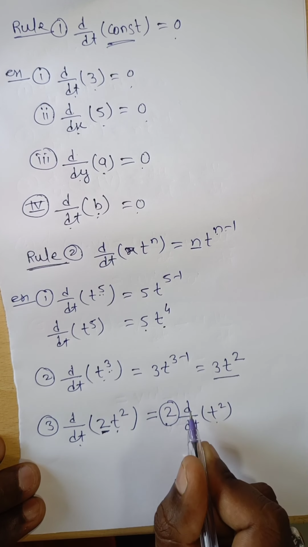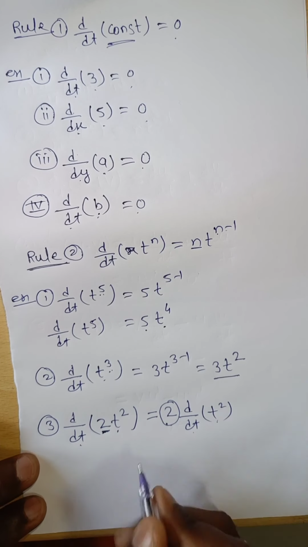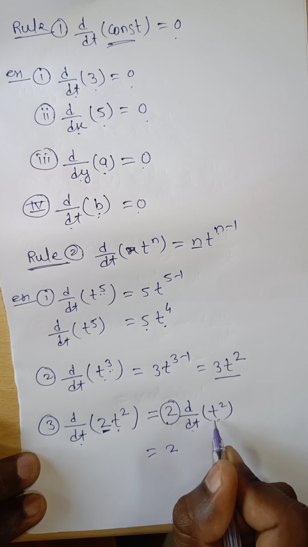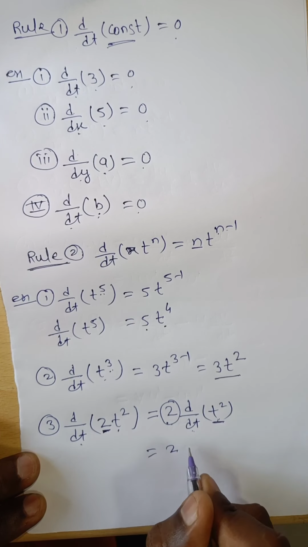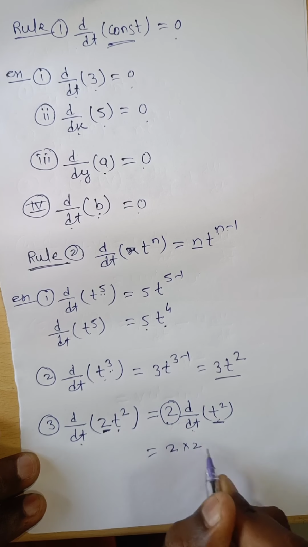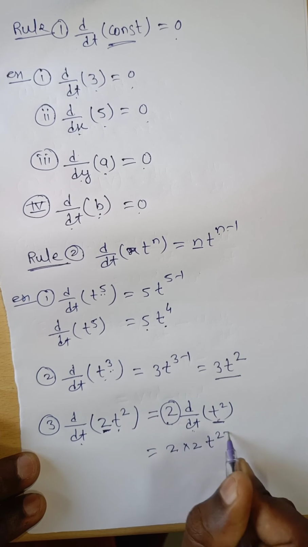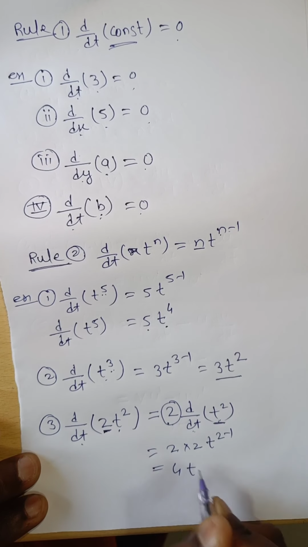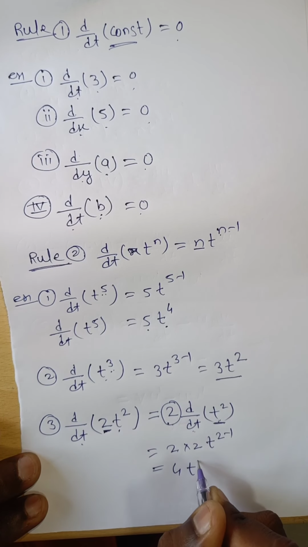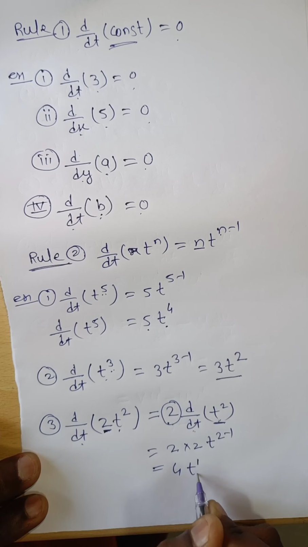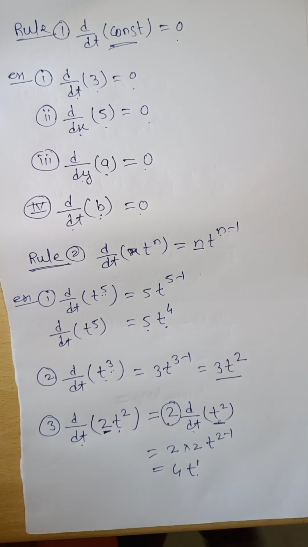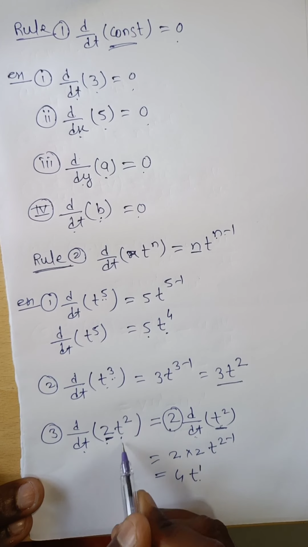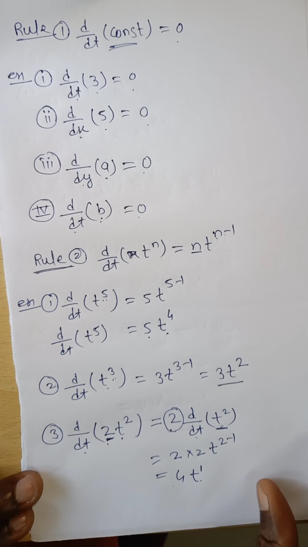Then differentiation of t square is 2 into t to the power of 2 minus 1, so 2 into 2 is 4, and t to the power of 2 minus 1 is 1, therefore 4 t to the power of 1, which means the answer is 4t. So d by dt of 2t square is 4t.